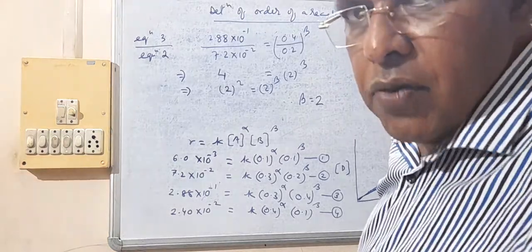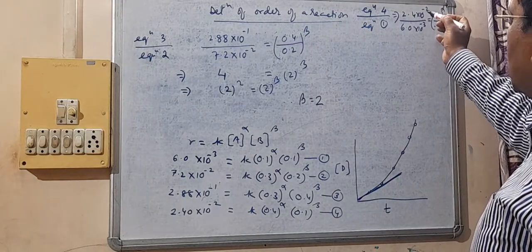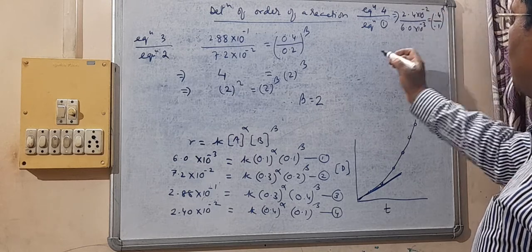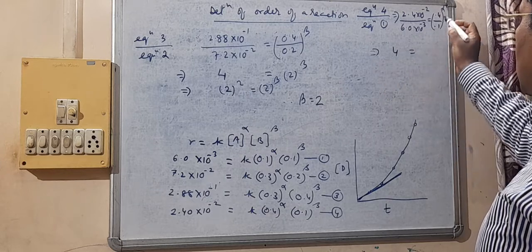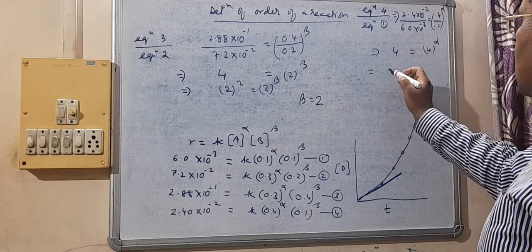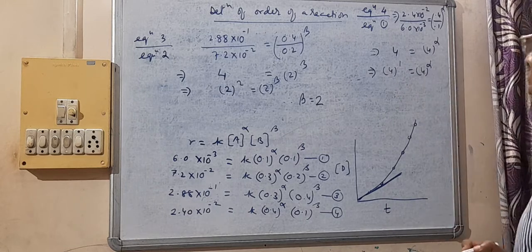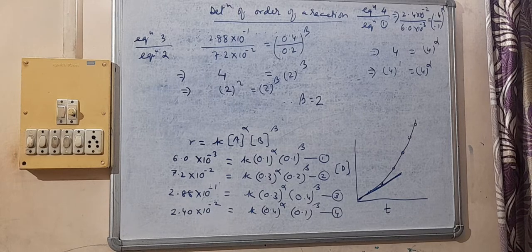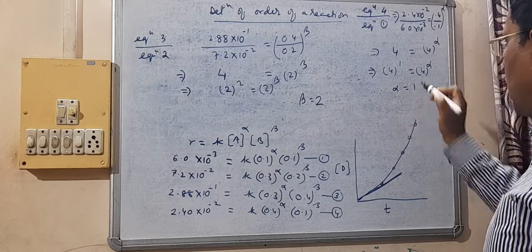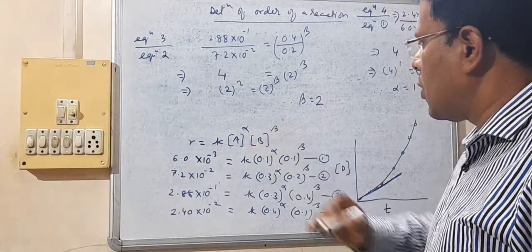On simplifying, we get 4, so it will be 4 to the power alpha. Now 4 can be written as 4 to the power 1, so on comparing we get alpha equal to 1. So the order with respect to A is 1.